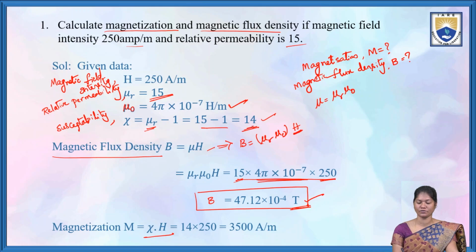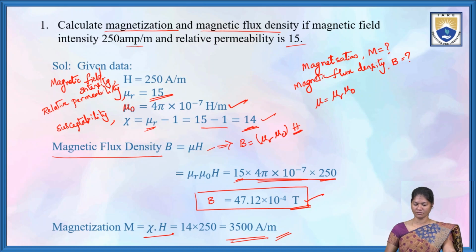So 14 into magnetic field intensity 250 is equal to 3500 ampere per meter. So this is the magnetization value. So capital M is equal to 3500 amperes per meter.